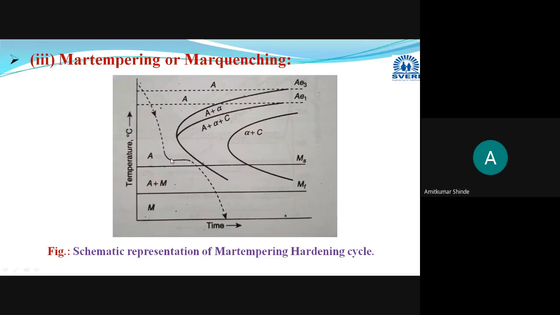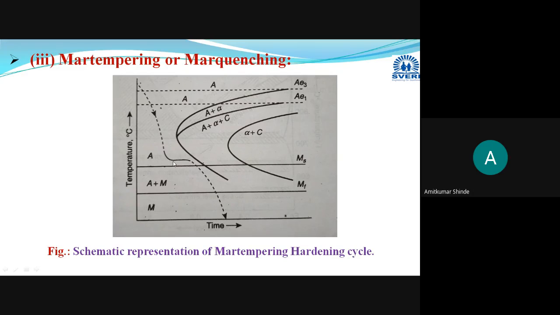But here care is taken that it is not allowed to undergo bainite transformation, meaning austenite should be there only. The austenite is not allowed to transform to bainite, meaning it should not cross this line. If it crosses this line, it will transform to bainite. Before this line only, it is held for some definite period of time.